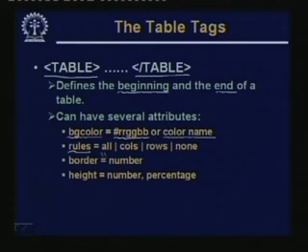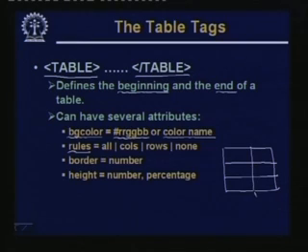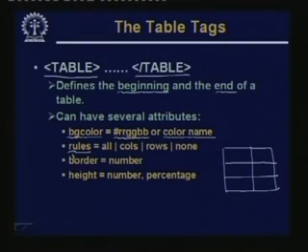Rules says, suppose I have a table like this, there are 3 rows and 2 columns. Rules means whether I want these lines to be drawn between the rows and columns or not. Whenever the table is displayed, I can specify which rules I want to draw and which I do not want to draw.